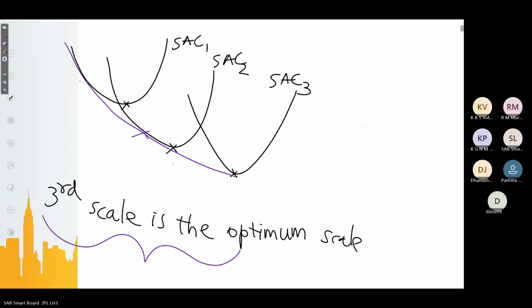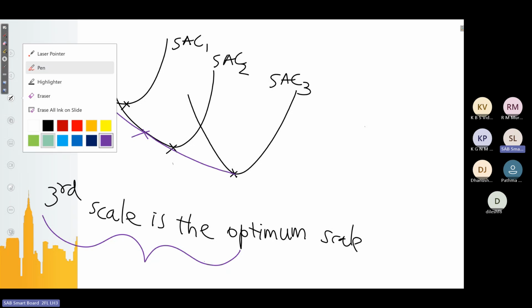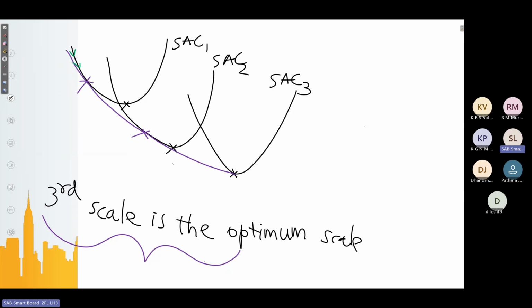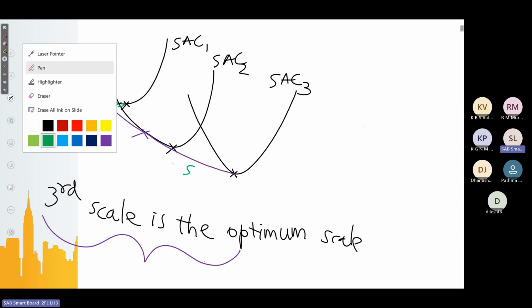The long run average cost curve is tangent to short run average cost curves in their declining portions. So this is the declining portion of the short run average cost curve, and this is the long run average cost curve.